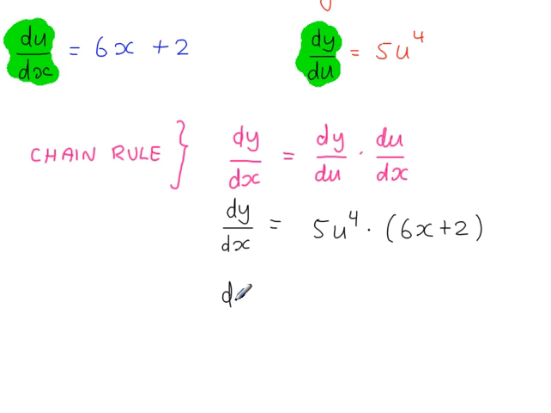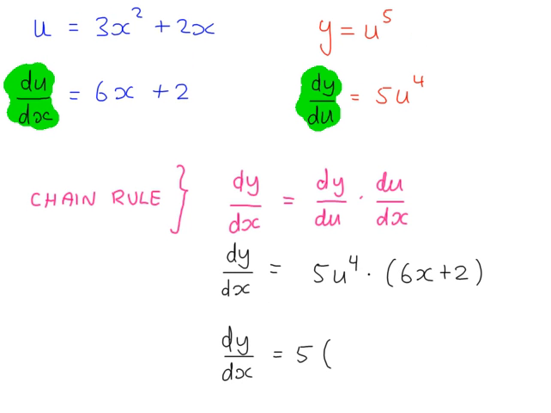So then we've got dy by dx is equal to 5 brackets, and then our 3x squared plus 2x instead of that u there, times 6x plus 2.